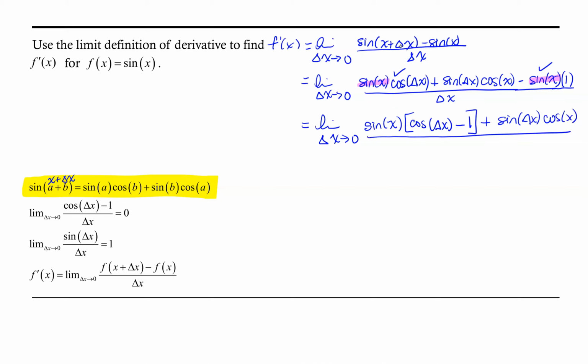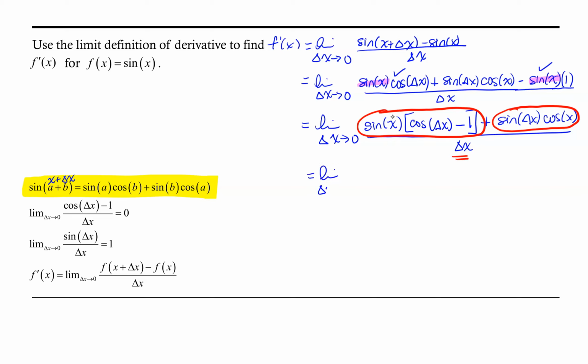all over delta x. In essence, I have two terms in my numerator: sine of x times the quantity cosine of delta x minus 1, plus my second term, sine of delta x times cosine of x, over a common denominator. So I'm going to separate those, and it will look like this.